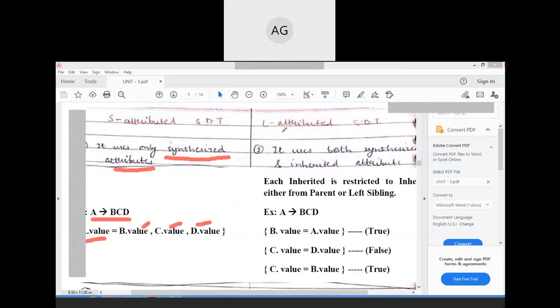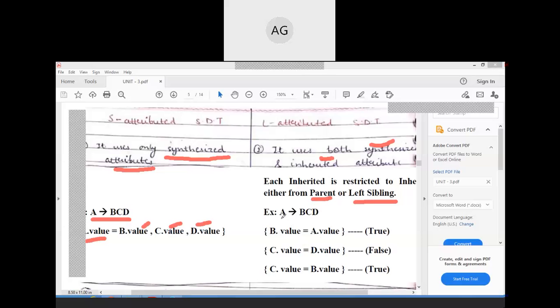Whereas in the case of L attributed SDT, it uses both synthesized and inherited attributes. Each inherited value is restricted to be inherited either from its parent or left sibling, as we already discussed in the previous topic.